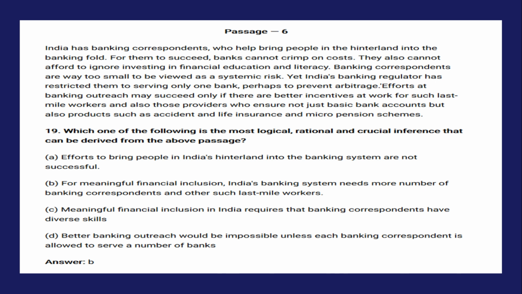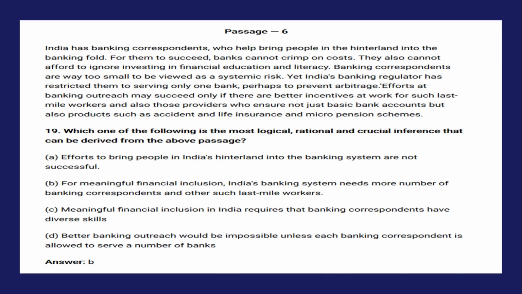Question 19. Which one of the following is the most logical, rational and crucial inference that can be derived from the above passage? Option A. Efforts to bring people in India's hinterland to the banking system are not successful.